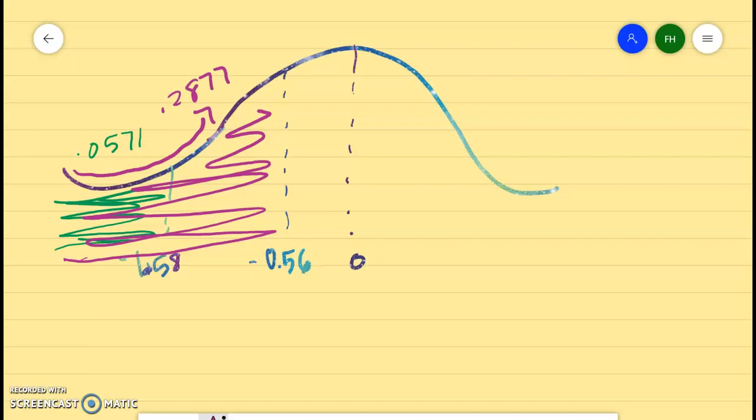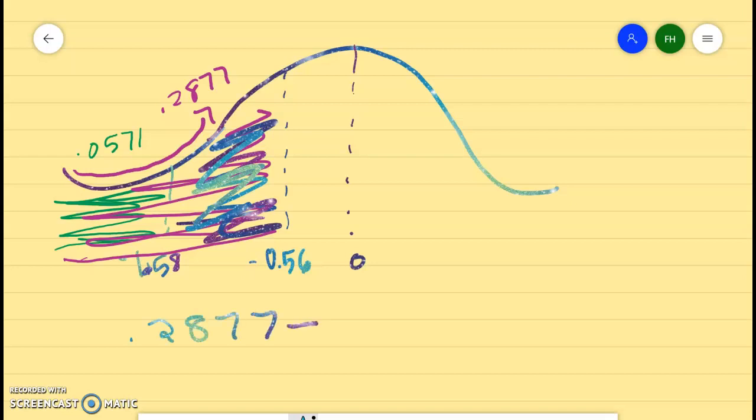To find the probability that we want, which is in between, you're going to use the probability of the whole thing all the way up to negative 0.56 and subtract out the probability below it. We want that number, but we do not want the probability below it.